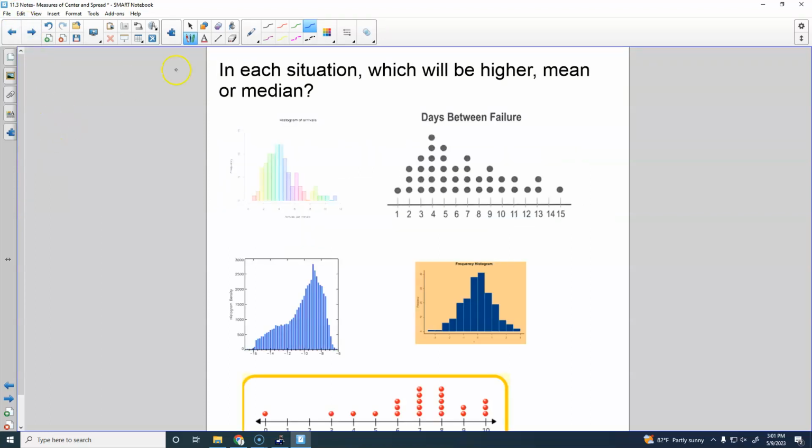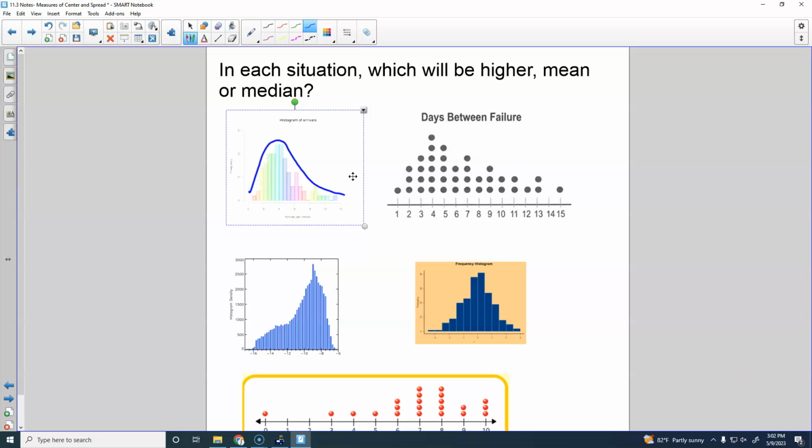Okay? So let's think about this in terms of distribution. In each situation, I want to know which one is going to be higher, the mean or the median, or there's an option of just saying they're probably about the same. So if I have this histogram here, and I look at it, let's practice some of our language we used yesterday. Is that normal, or is it skewed left or skewed right?